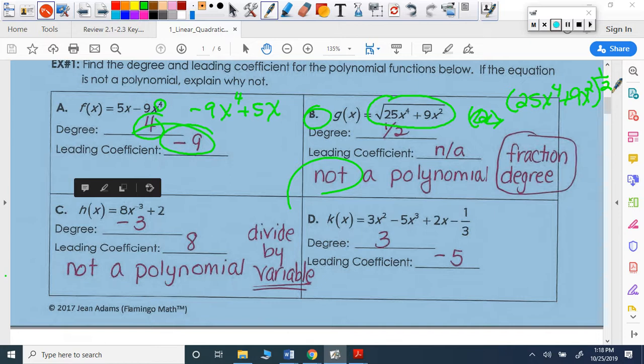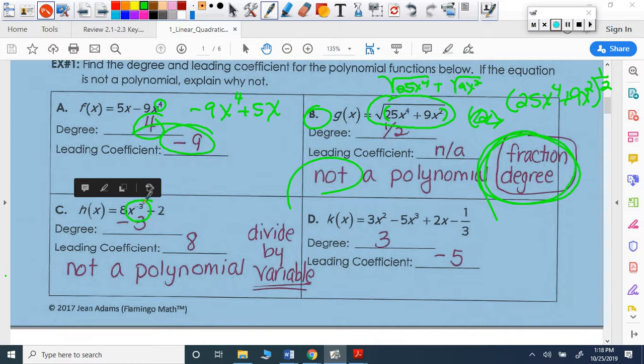All the powers have to be positive and whole numbers. Somebody this morning said, well, why couldn't we do 25x to the 4th plus 9x squared, both under the radical? Well, remember, when you're under the same radical, there's an imaginary set of parentheses. So, that is why you cannot have a fraction degree.